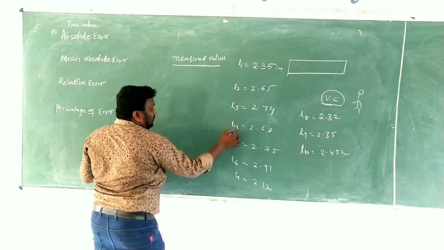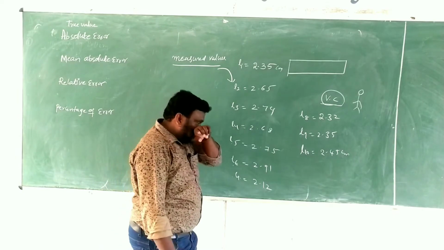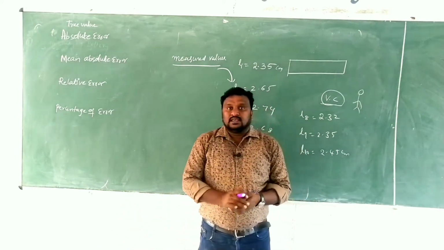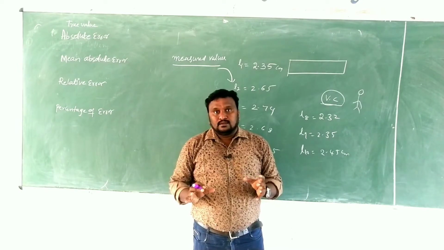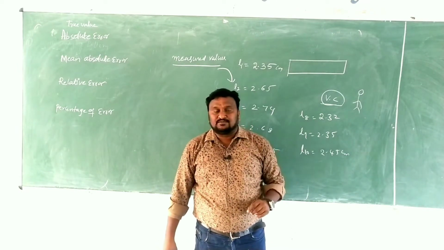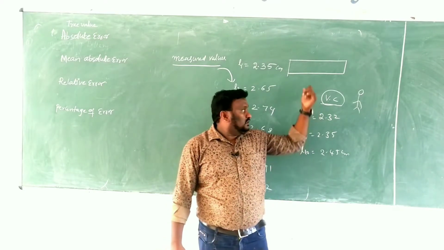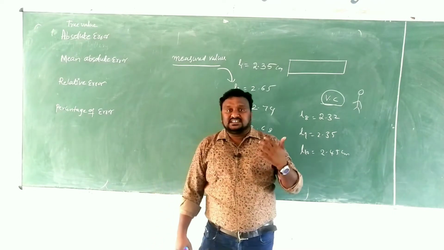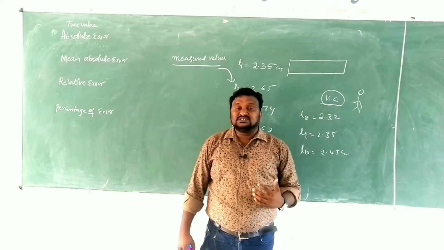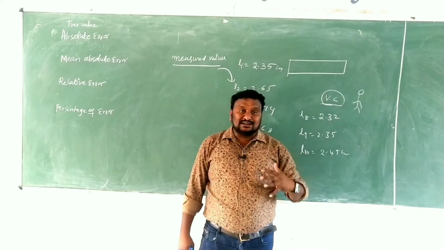To find the length of the glass slab, one reading is enough, one measured value is enough. But I suggest taking 10 observations.